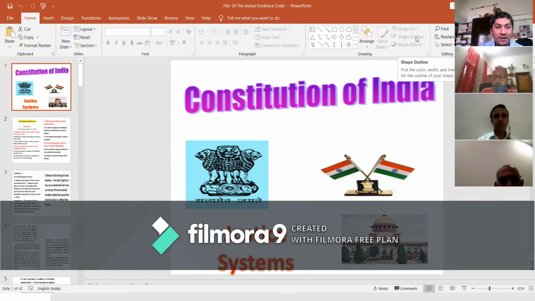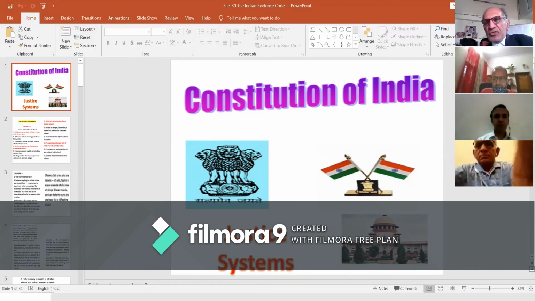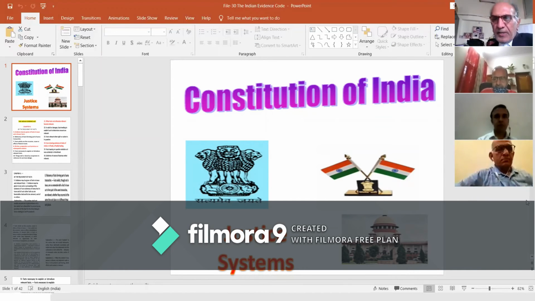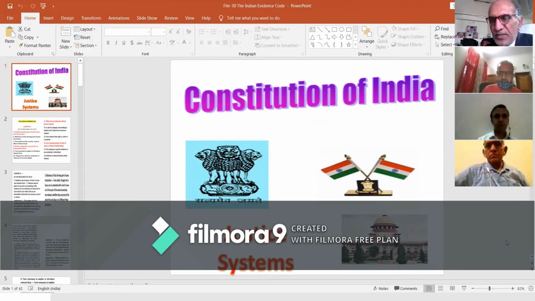I request Dr. S.K. Kapoor to provide us insight about the concept of relevancy of facts and in particular about Section 10 of the Indian Evidence Act. As we had seen, on the first date of hearing, the public prosecutor opens his case on 2 points: the charge on which he wants the accused to be put up on trial, and the evidence with which he plans to prove the charge.